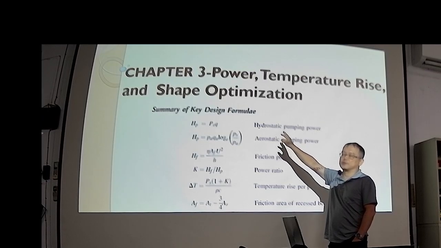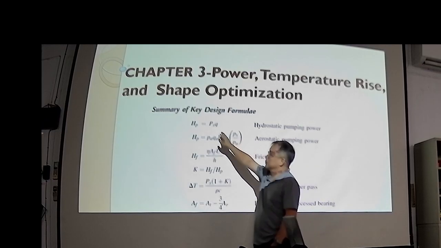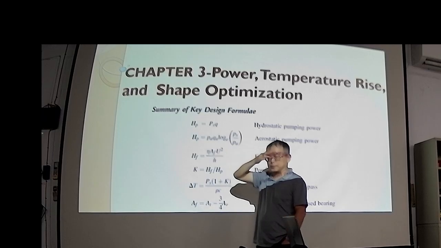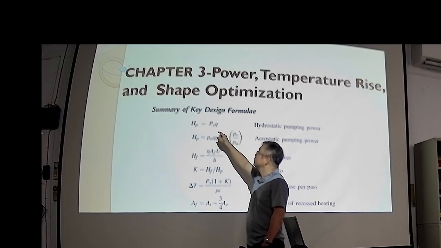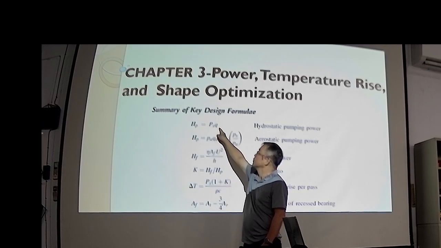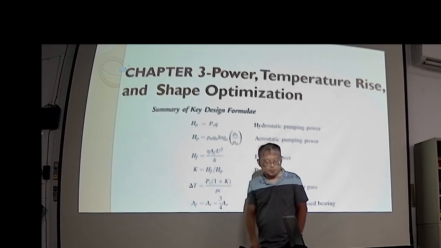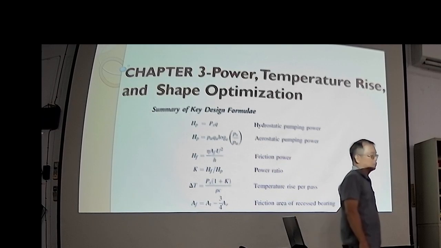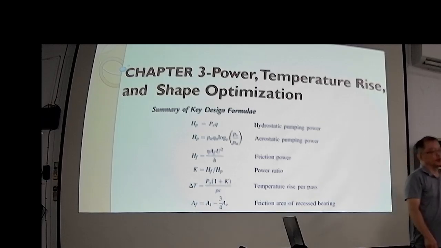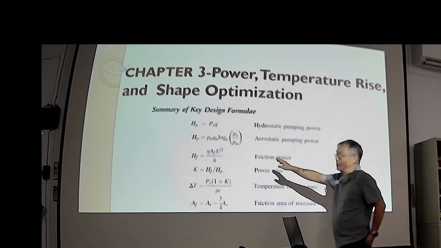The first one is pumping power for your power supply system. So this pumping power will be equal to the supply pressure multiplied by the flow rate. So we always calculate the volume flow rate for the bearing. If we have several bearings, so the flow rate can be added together.